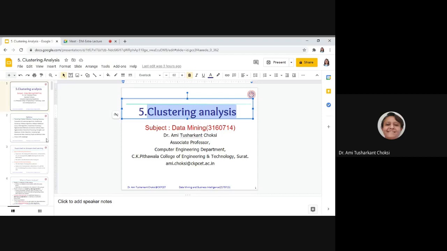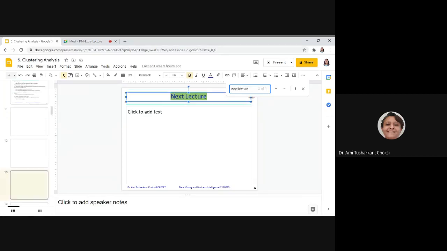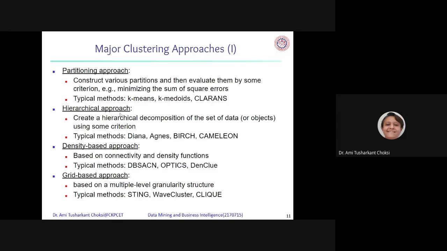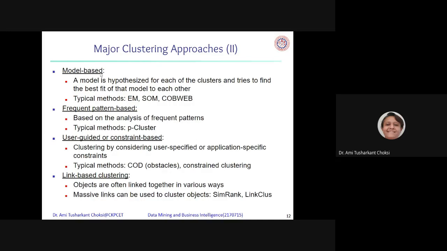In the previous lecture, we saw the introduction to clustering analysis as well as the types of clustering approaches: the partitioning approach, hierarchical approach, density-based approach, grid-based approach, model-based approach, frequent pattern-based approach, user-guided or constraint-based approach, and link-based approach, right?